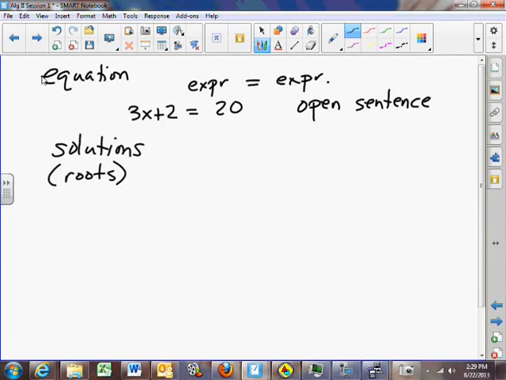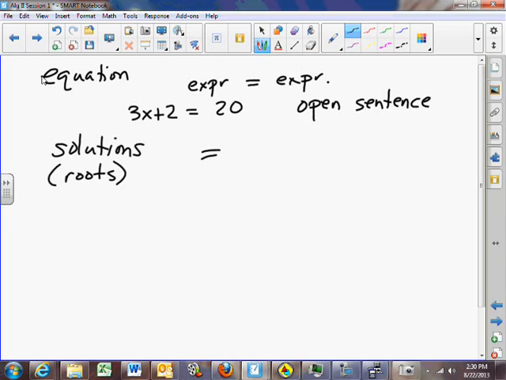A lot of times roots is the term used for polynomial equations of higher degree than 1, but we'll talk about that later. Now, since we are using the equal sign, it makes sense to talk about the properties of equality.